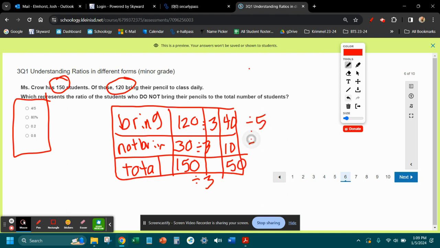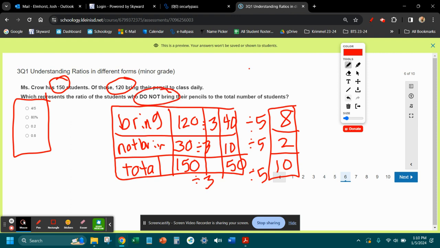Divide by 5, divide by 5, divide by 5. We can simplify. That's going to give us 8, 2, and 10. So the question is not bringing, so we have 2 out of 10. 4/5 is too big, so you should be able to see your answer at that point.